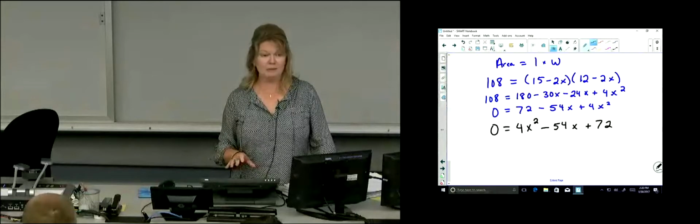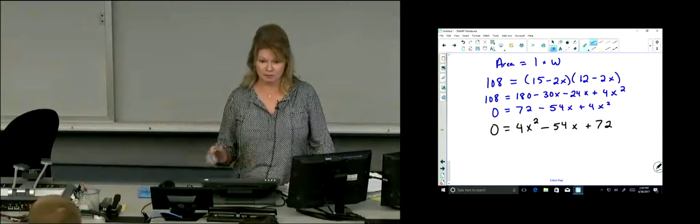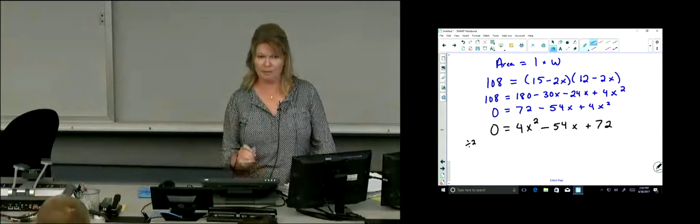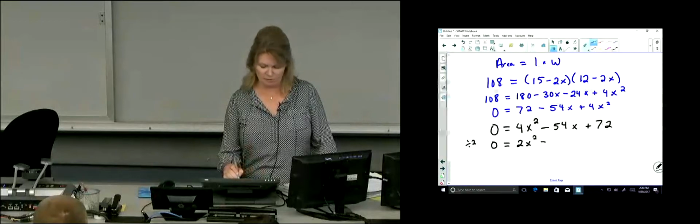Also, if I can make my numbers smaller, I do that. So I have a 4, a 54, and a 72. They're all divisible by 2. So I'm going to divide by 2 on both sides. 0 divided by 2 is still 0, just to make my numbers smaller and easier to work with.